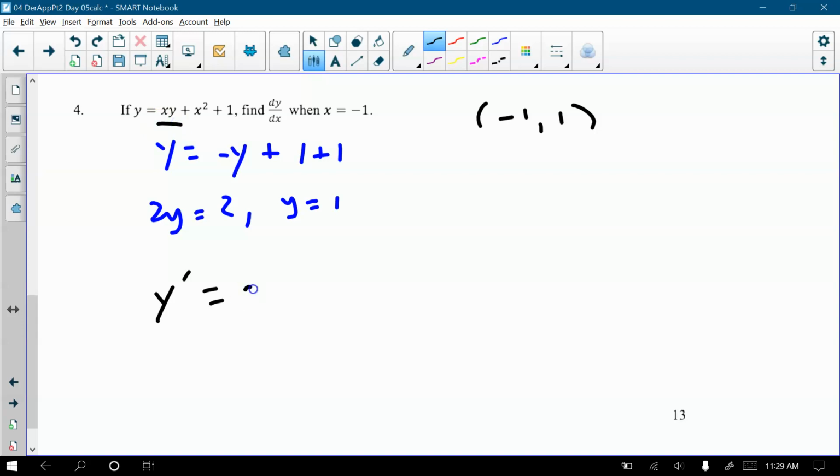So it's going to be the first times the derivative of the second plus the second times the derivative of the first. And then plus x squared, the derivative of x squared is plus 2x, and the derivative of 1 is just 0.